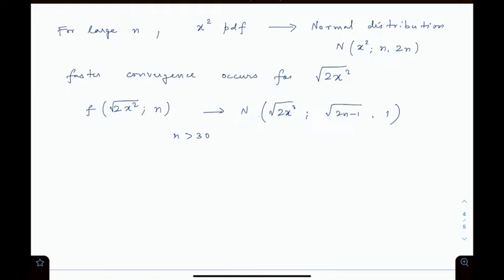But in all these definitions, the Gaussian variables were independent. So how do we give a general definition for chi-square?